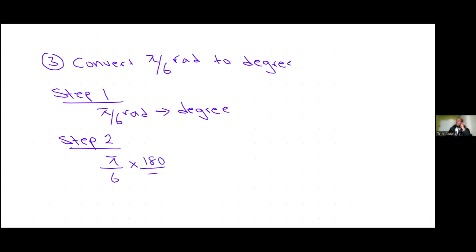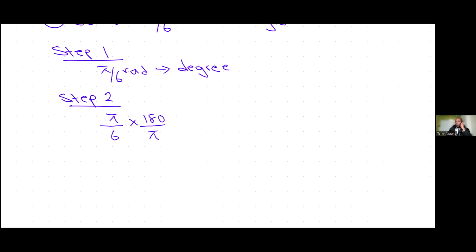Now, step 3, after you are done with this, we need to simplify. You can press this straight into your calculator. So when you have pi over 6 multiplied by 180 divided by pi, the pi will cancel out.